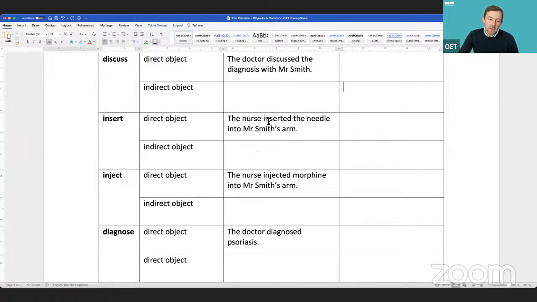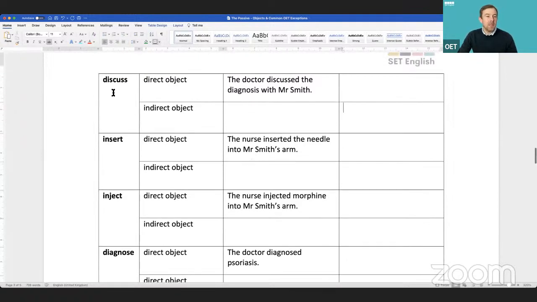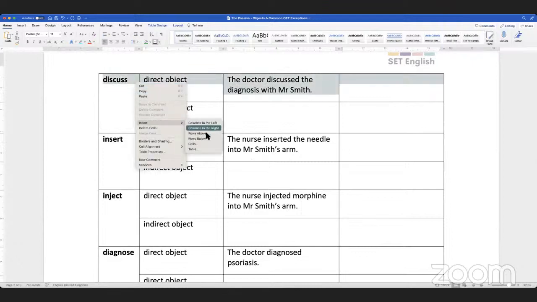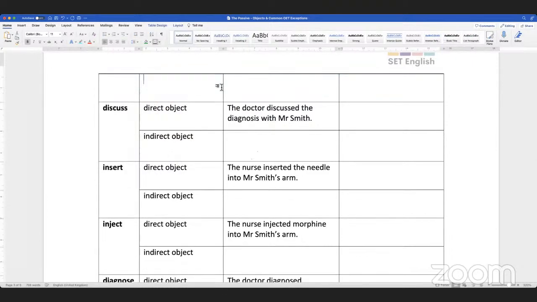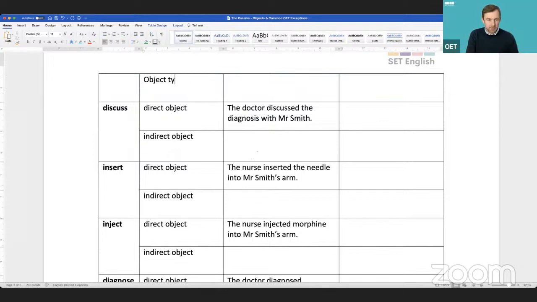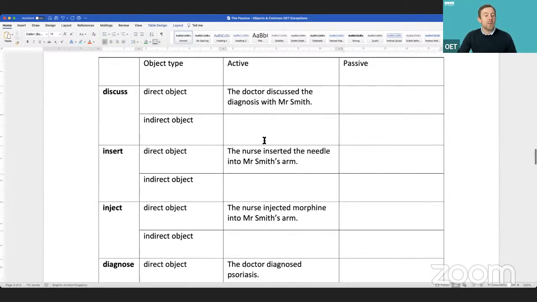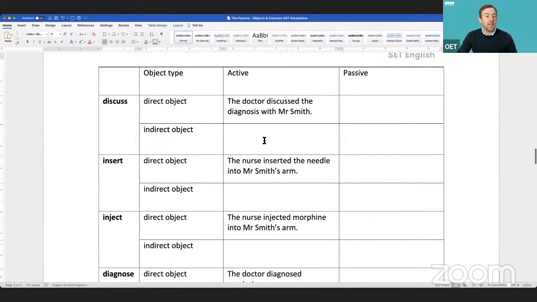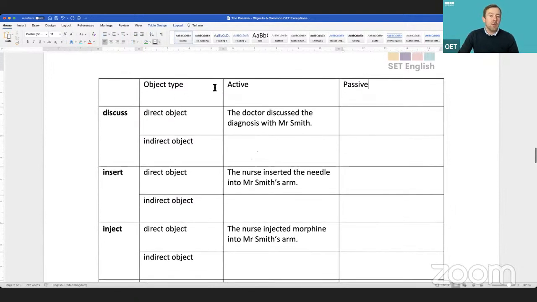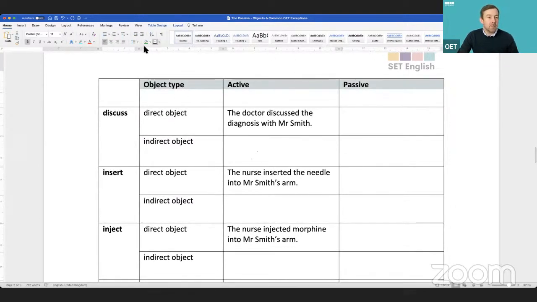Why don't we do this? I'll insert a line here, with object type, active and passive. Let's do those three, and then we'll come back and review them together.